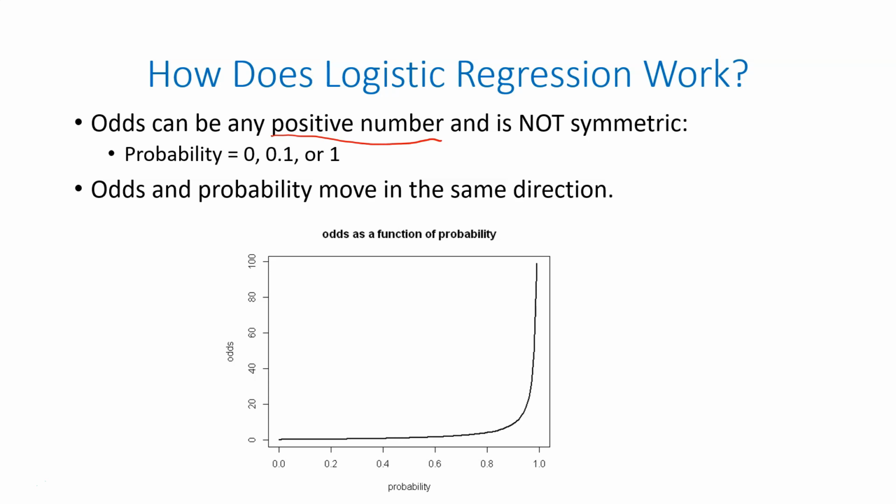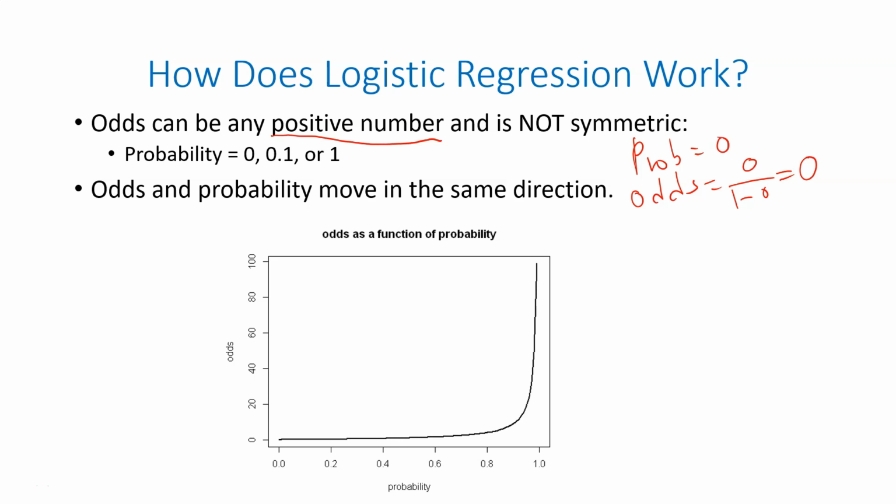For example, if the probability is 0, then the odds is 0 divided by 1 minus 0, and that equals 0. And that is the lowest value for odds because there is no probability that is lower than 0.